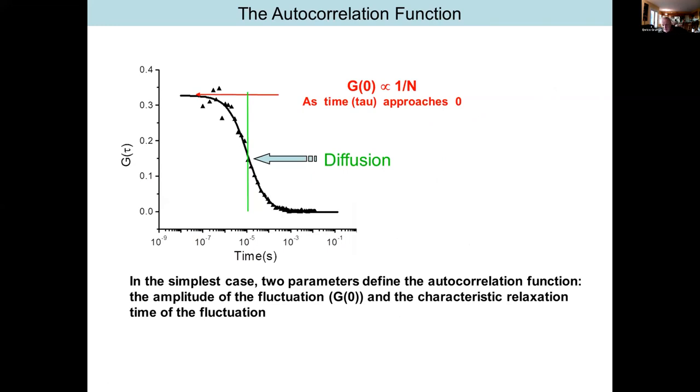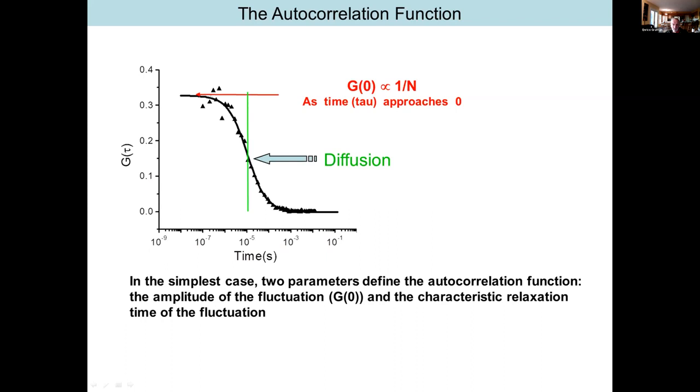So let us see how a correlation function is. A correlation function must go to 0 at very large time. So this is log of time, must go to 0 at very large time, because essentially the correlation at very long time are not correlated with what happens at the beginning. But at short time, the fluctuations are correlated. So we will obtain a correlation function which is relatively large.